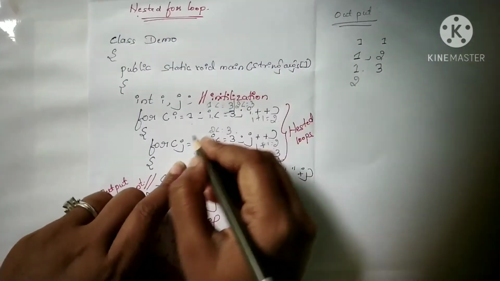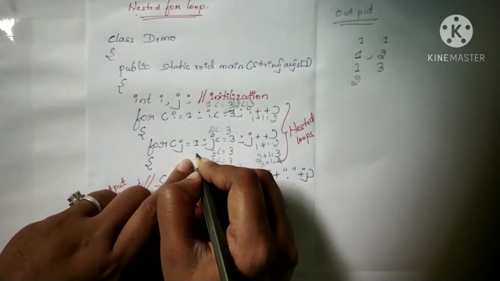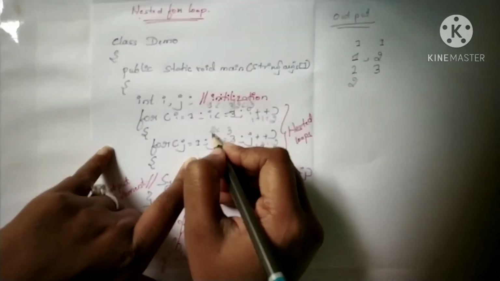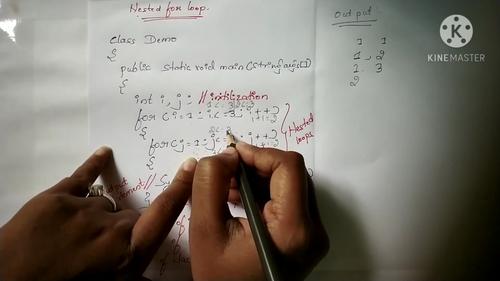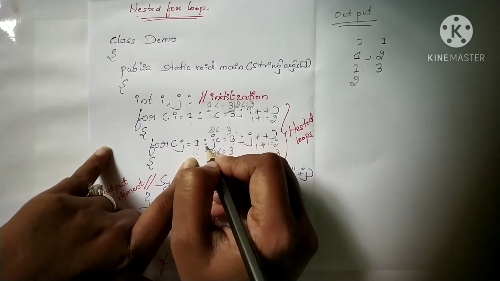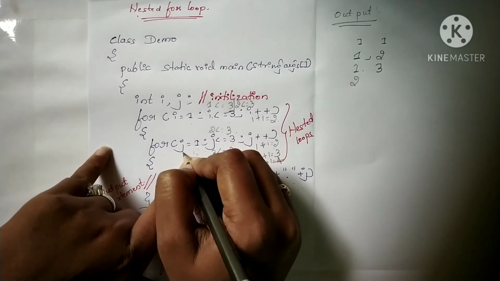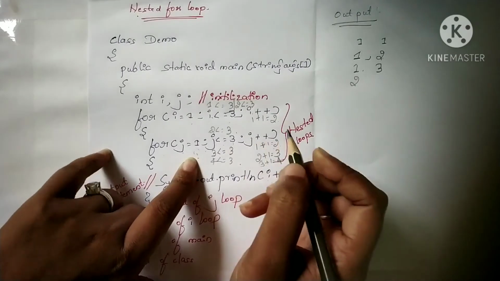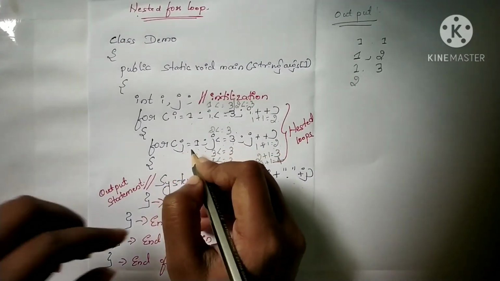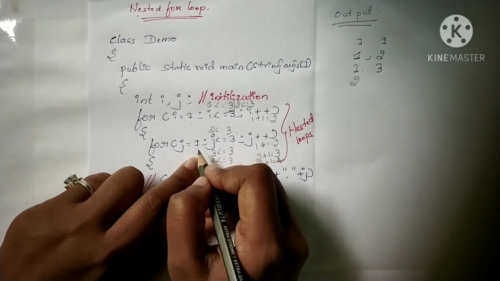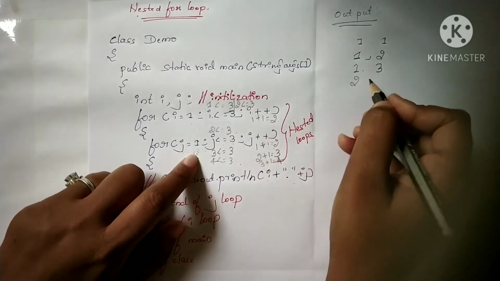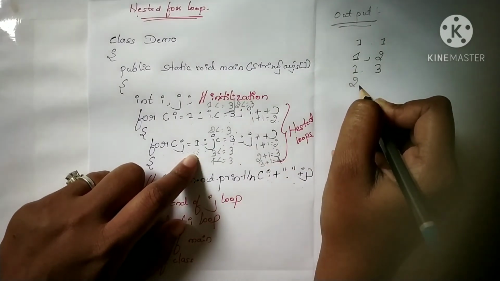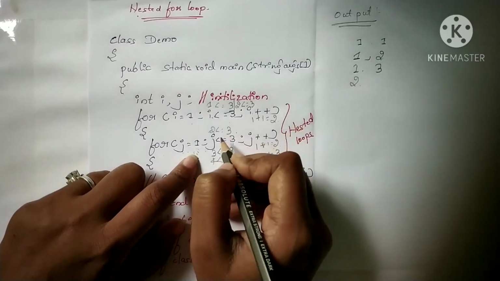Again it comes to the j loop, j value is 2, 2 is less than or equal to 3.